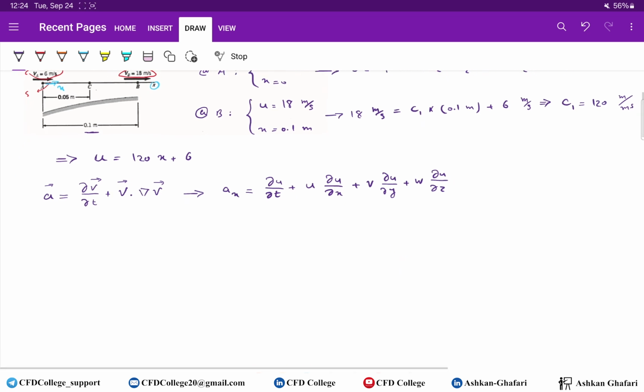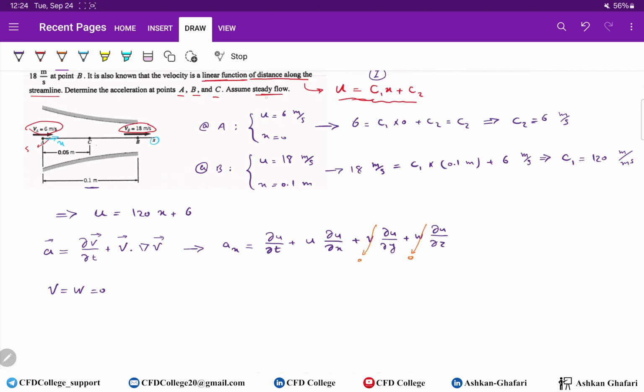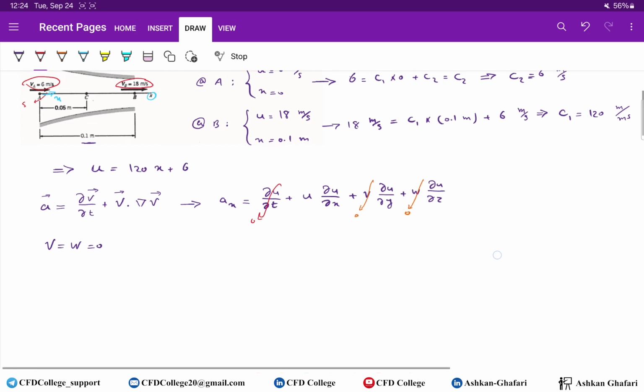From the figure we can understand that v equals w equals 0. So these terms are 0, and we have steady flow, so the time term is also 0. Actually, in fluid mechanics 1, most of the time we work in steady state flow.